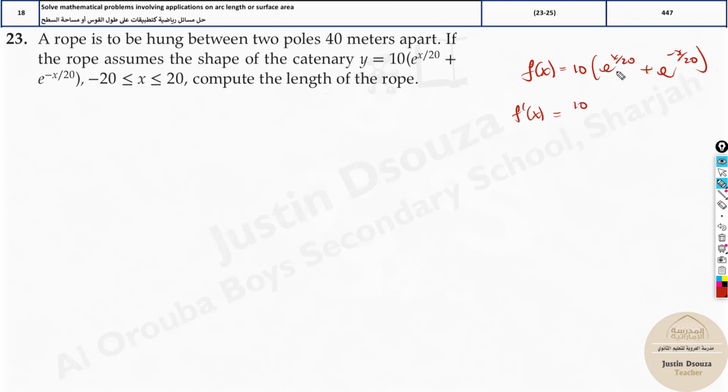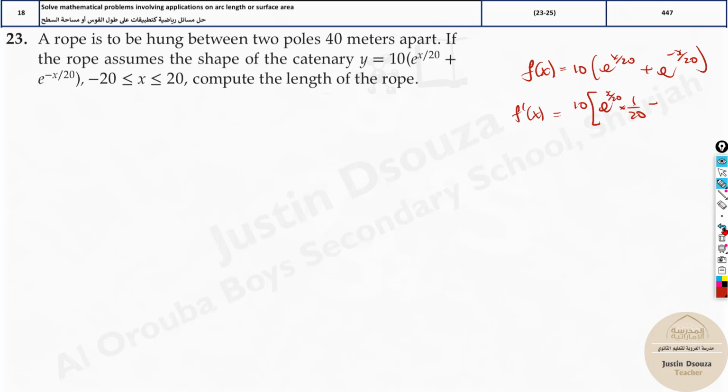You can directly solve it by just dividing this by 20 and taking 1 by 20 out. But the steps are over here, e to the power x by 20 multiplied by 1 by 20. If you're thinking how this came, the derivative of e to the power x by 20 is over here, and then the chain rule, the derivative of x by 20 is 1 by 20, plus.